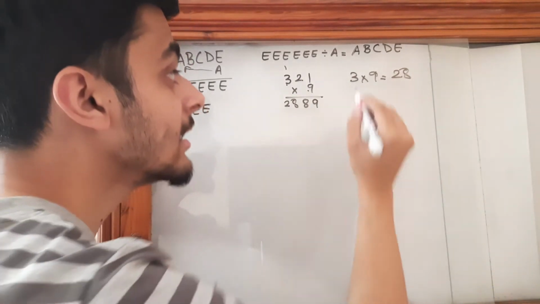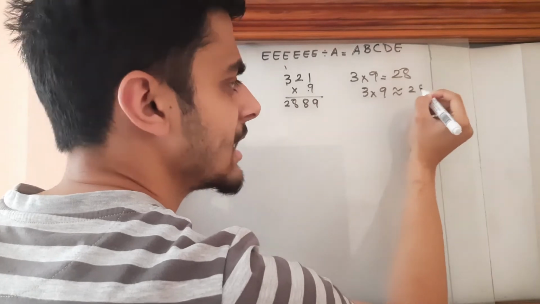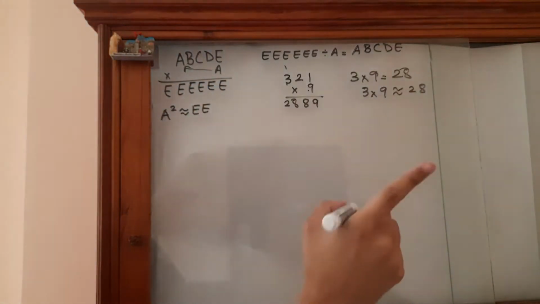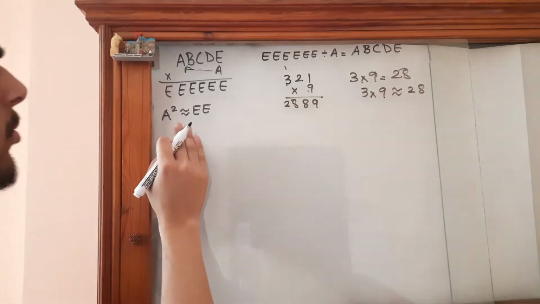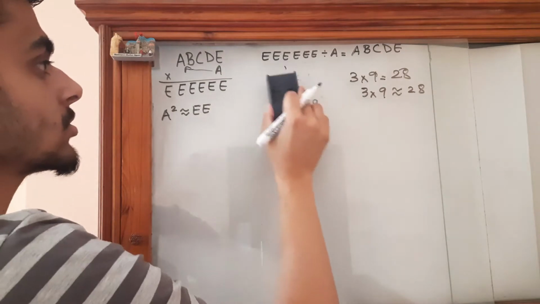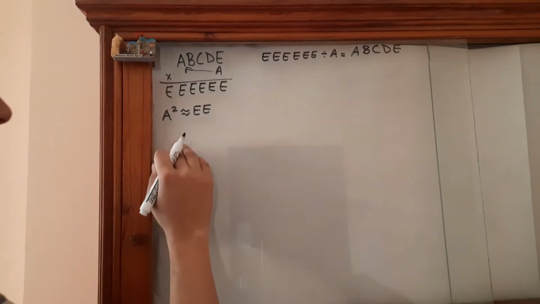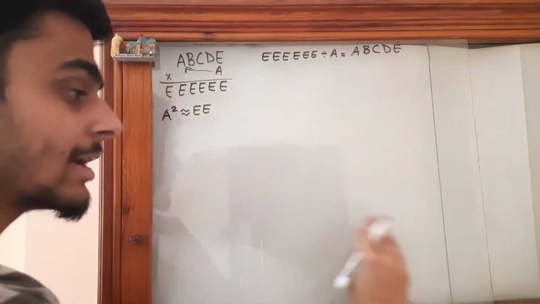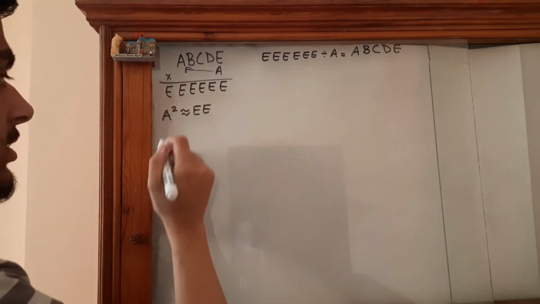It is similar: 3 times 9 is somewhat equal to 28. We are missing it by 1. It's actually 27, but we've got a 28. So it's somewhat equal to EE, but not exactly equal to EE. So let's take A as a number from 1 to 9, not 10, because it's double digit and we are just dealing in single digits over here.